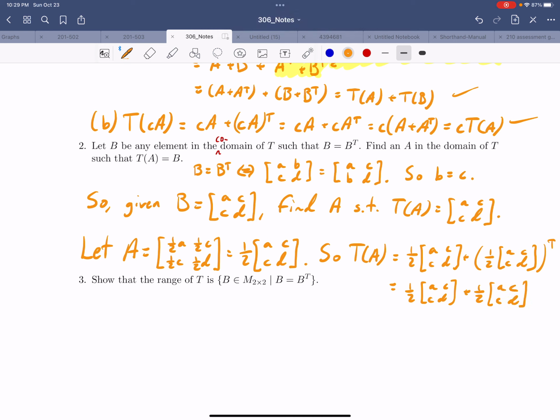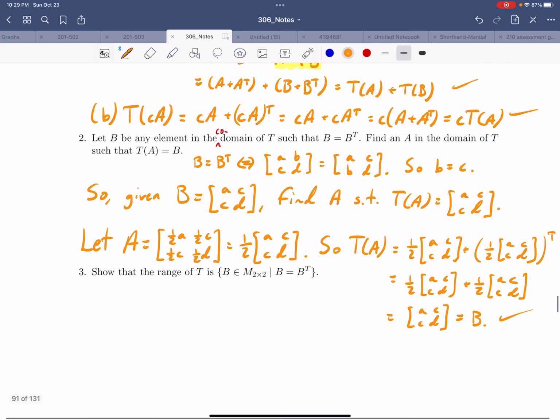And that just winds up equaling [a, c; c, d]. All right, so there we go. We did it. We found a matrix A such that T of A equals B. You might even just write equals B.